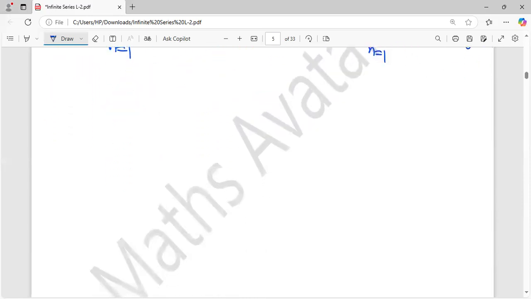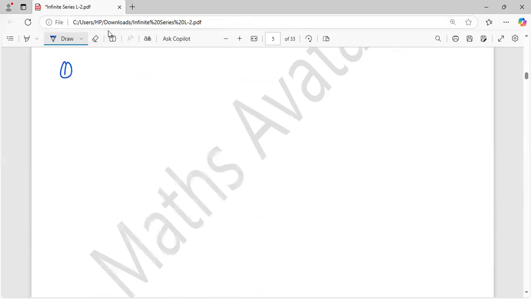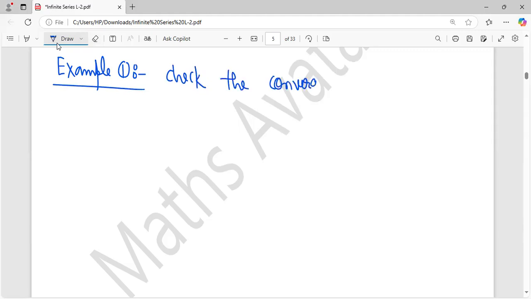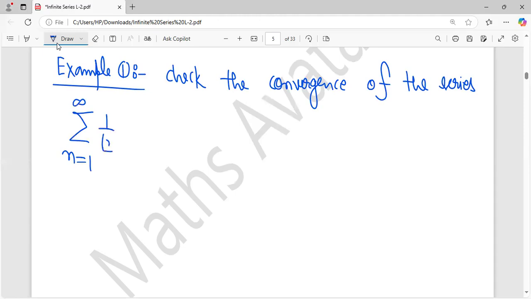Now example 1. Check the convergence of this series: summation n goes from 1 to infinity of 1 upon factorial n.